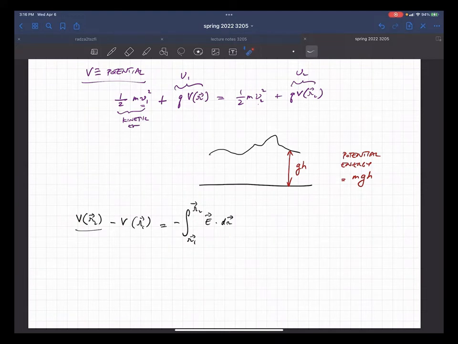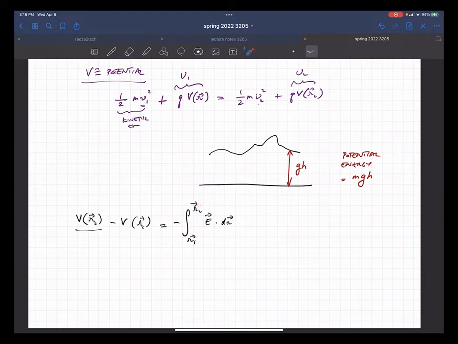One thing I wanted to talk about is a feel for what this minus sign means, which, don't forget, is always there in the relationship between the electric field and the potential. One way to look at it is that the minus sign means you're doing work against the electric field as you go from R1 to R2.